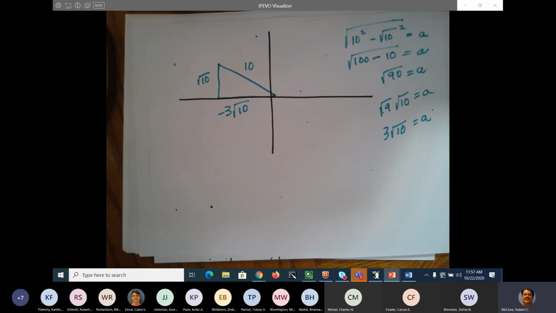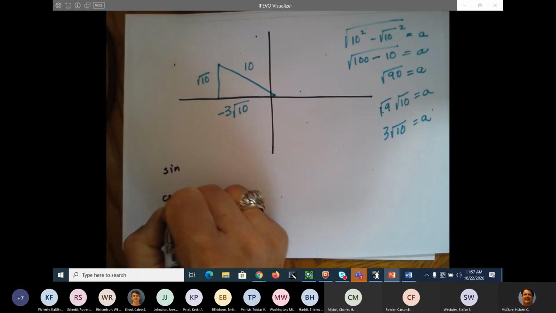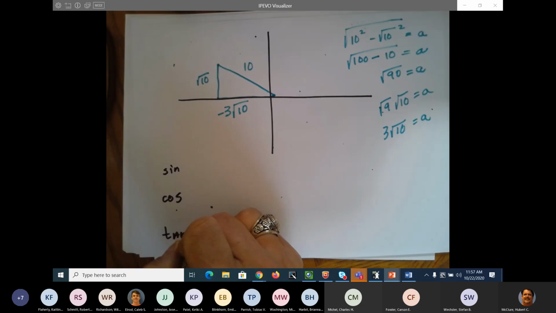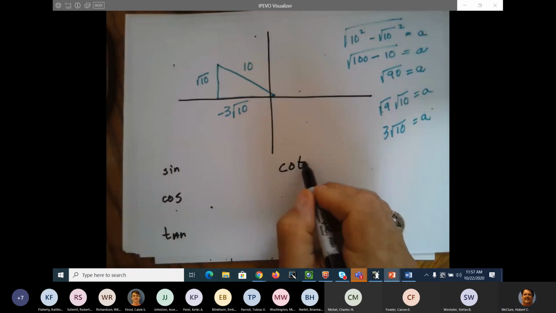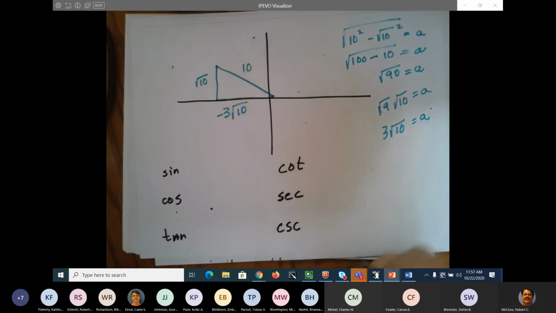So let's go back to our Oscar. I meant sine, cosine, tangent, cotangent, secant, cosecant. The sine we know is, wait a minute, square root of 10 over 10.